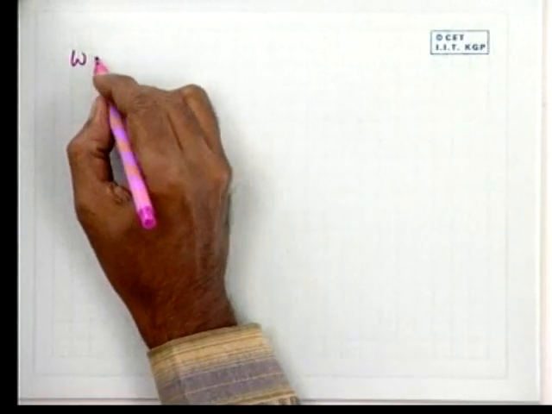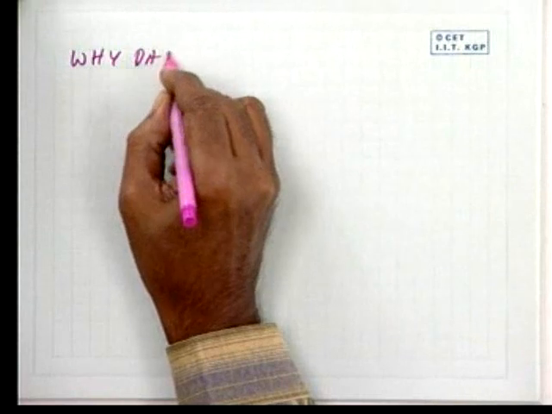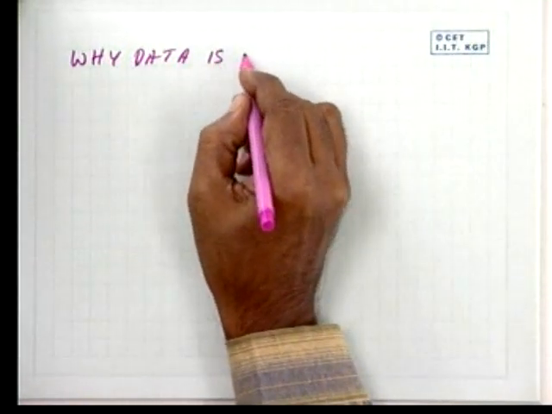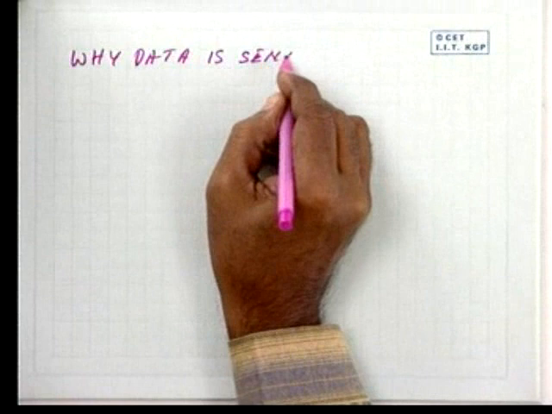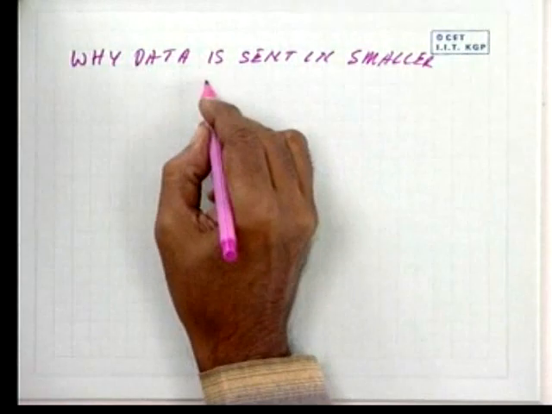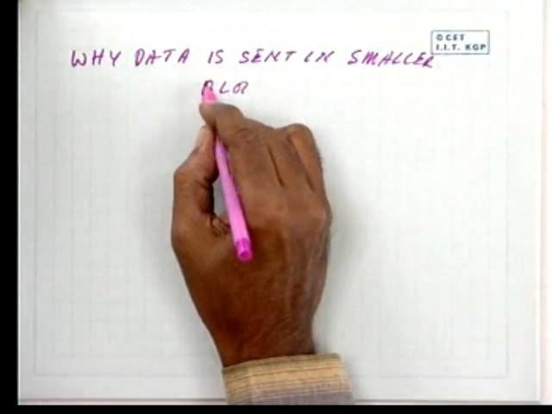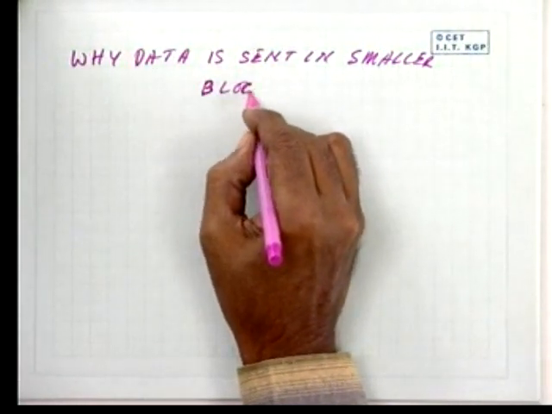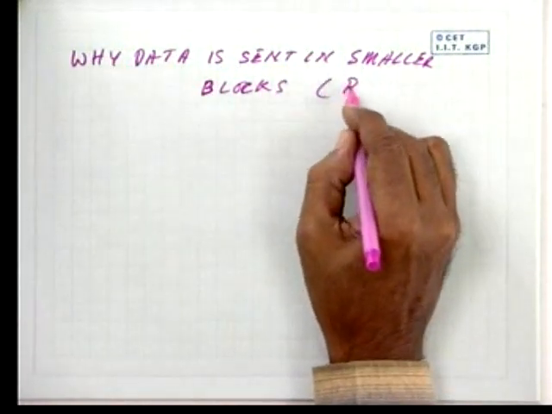Now I was telling about why you have to limit the size of the data, why you have to divide it into smaller blocks before sending it to the receiver. There are several reasons. So let us consider the reasons why data is sent in smaller blocks, which we usually call packets.